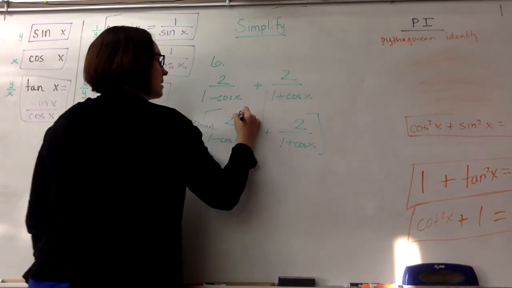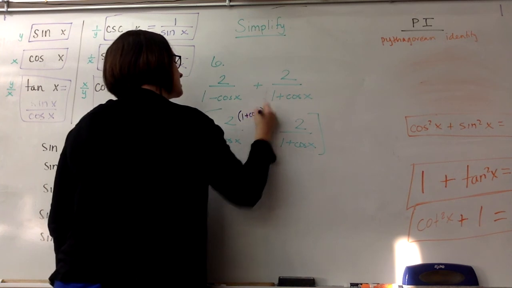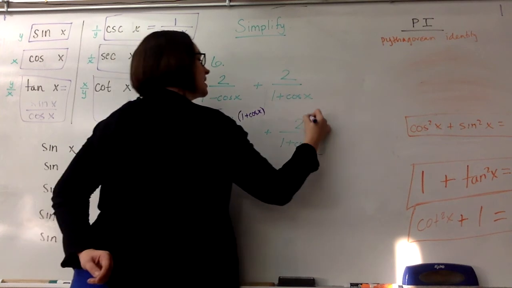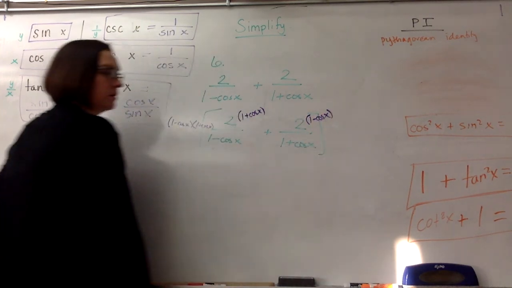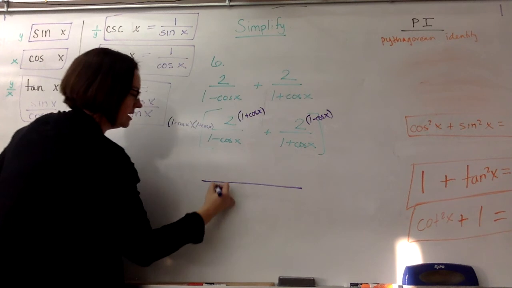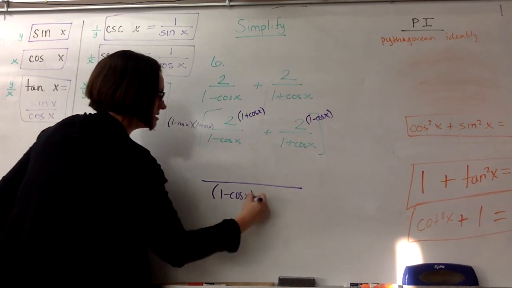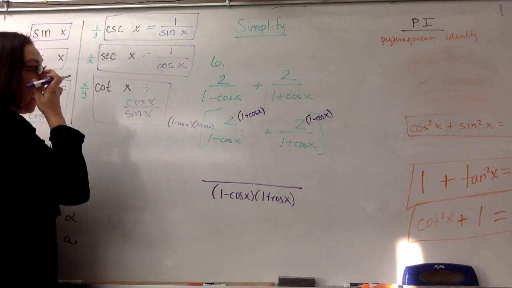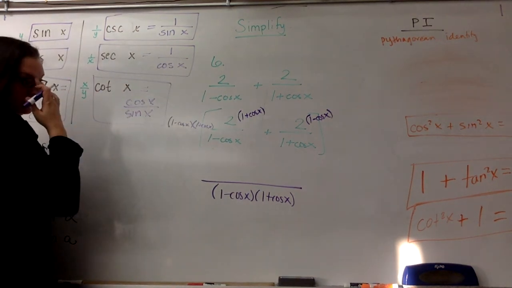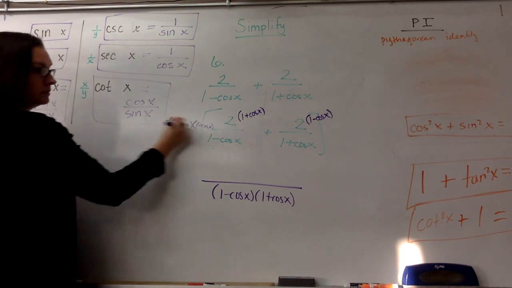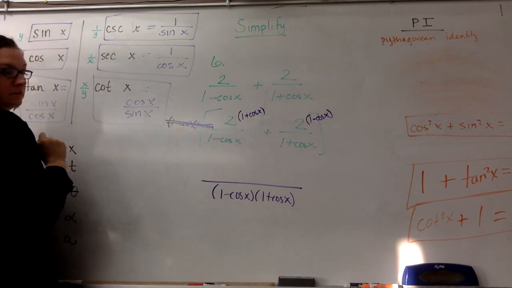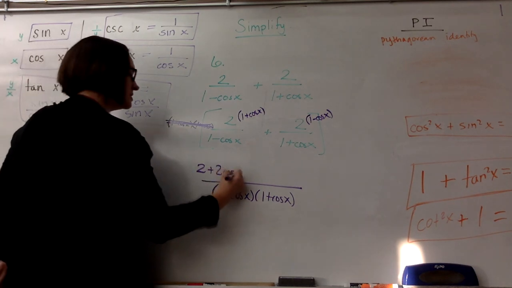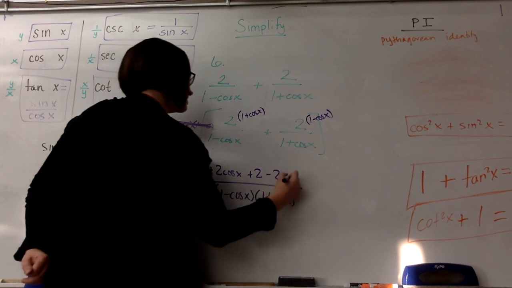Okay, so this is going to get multiplied by 1 plus cosine x. What's the second one missing? 1 minus cosine x. Okay, so my whole denominator is the LCD. 1 minus cosine x, 1 plus cosine x. Up top, I'm going to get 2 plus 2 cosine x plus 2 minus 2 cosine x.